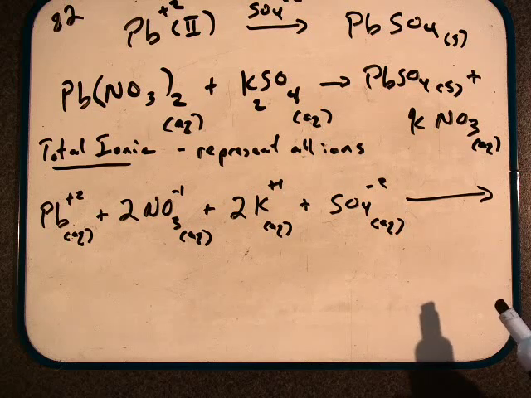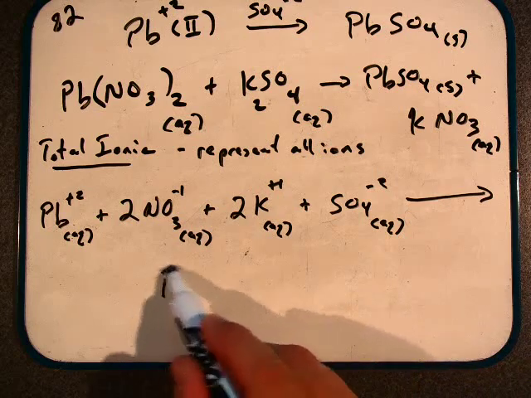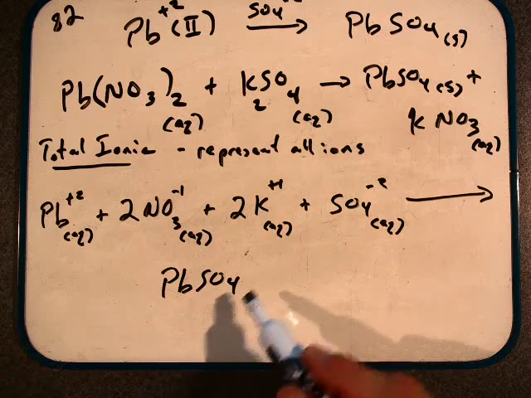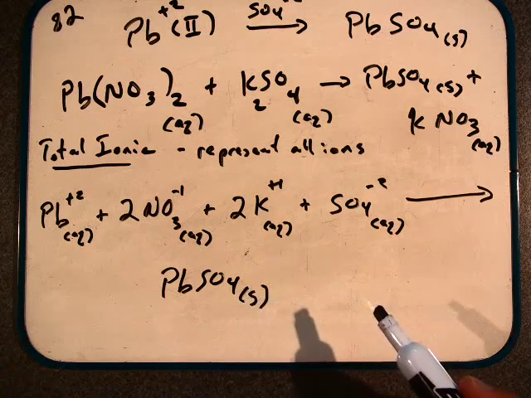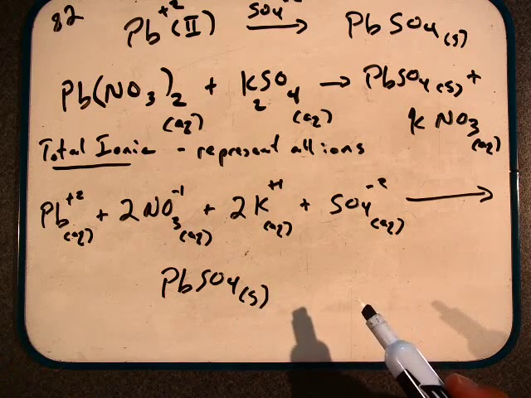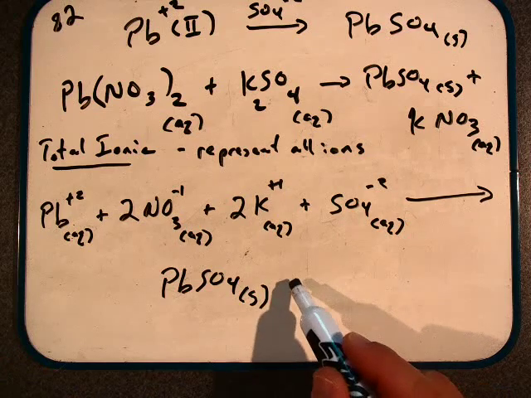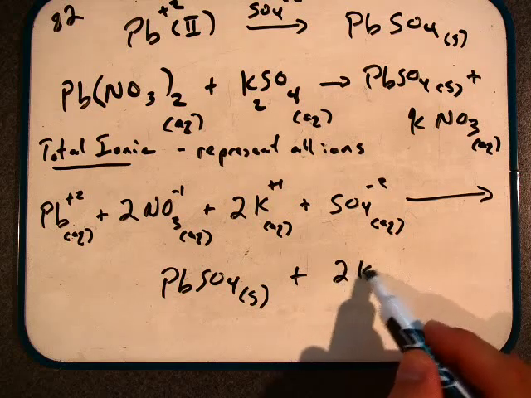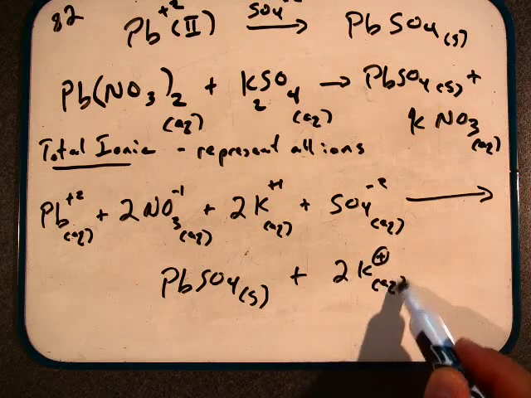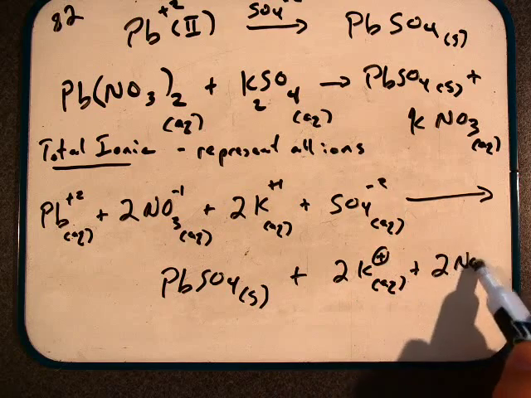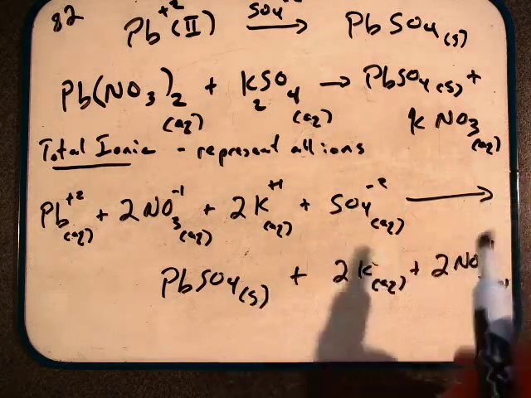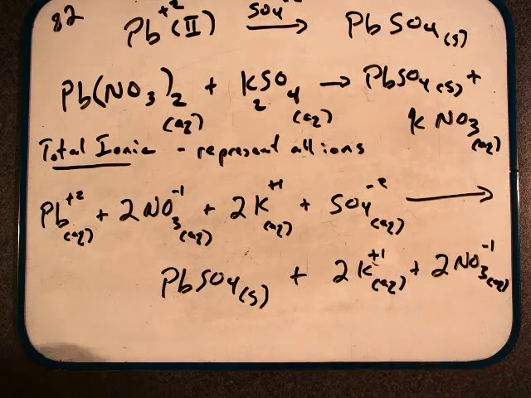And then those are going to react to form lead sulfate, which we are not going to represent in the ion form. We're going to represent it as it is, as a solid, because that's what happens. It precipitates out. It's not aqueous anymore. And then we still have 2 potassium ions that are aqueous and 2 nitrate anions that are also aqueous.